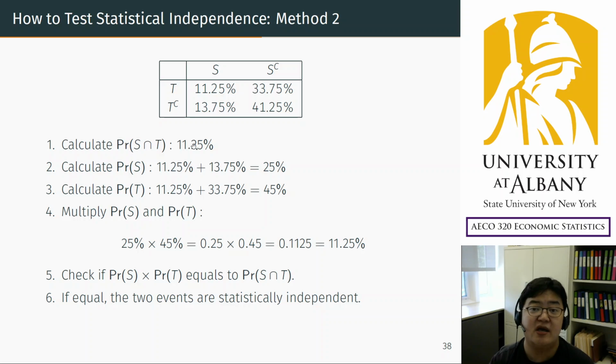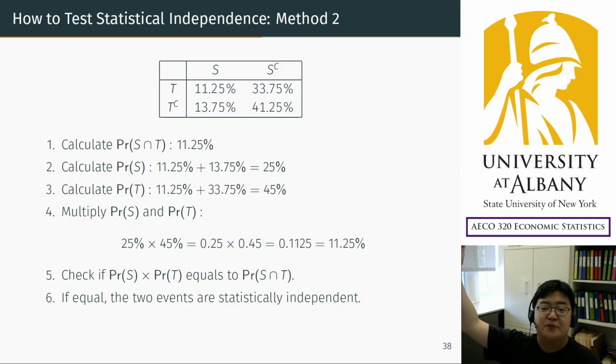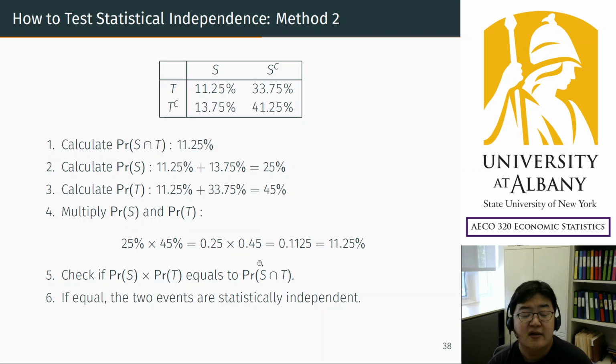So we proved that the special multiplication rule holds. That implies, again, the independence is satisfied. The independence holds. So as a result, we can prove the events are statistically independent.